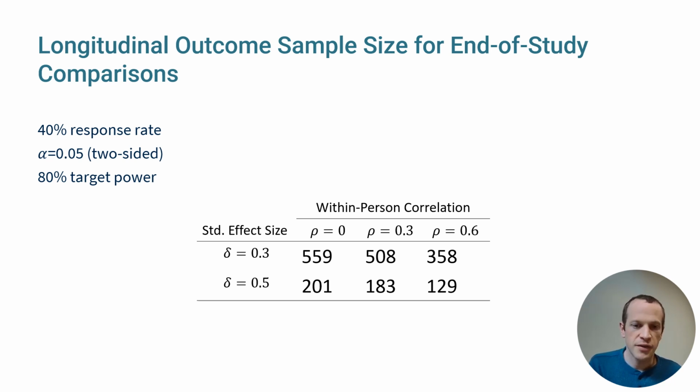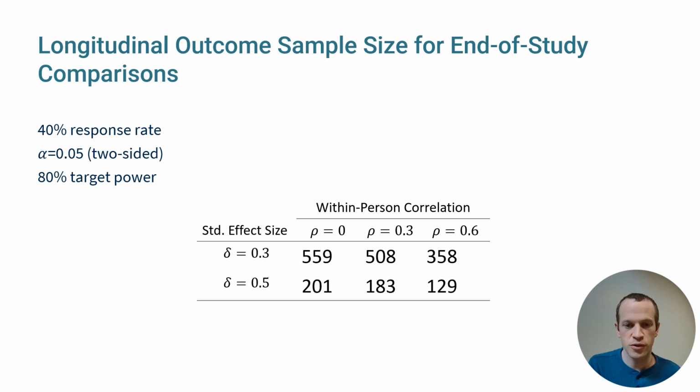Now let's look at the effect of the correlation. If you compare across, we can see that the number of participants is highest when rho is small. Rho equals 0 is the worst case. That would mean that the repeated outcome measures are completely unrelated to each other statistically. They're uncorrelated, so you don't get any benefit from the additional measures you've collected during your study.